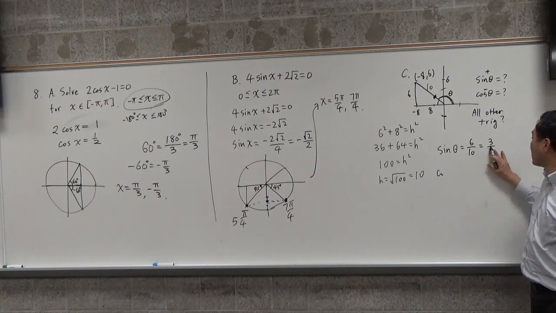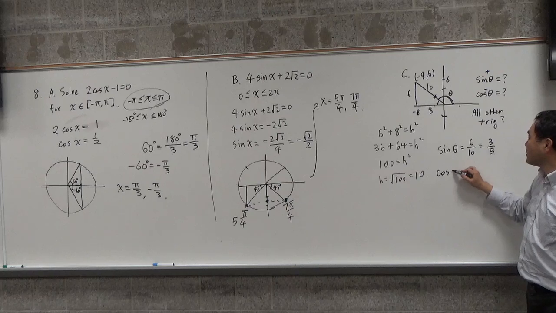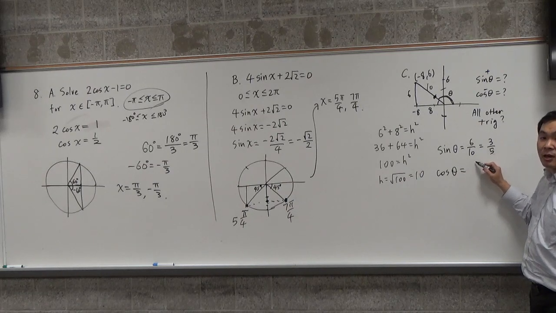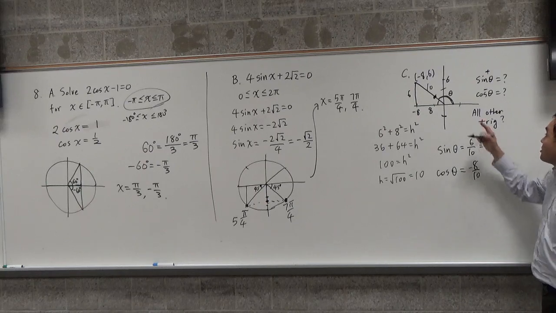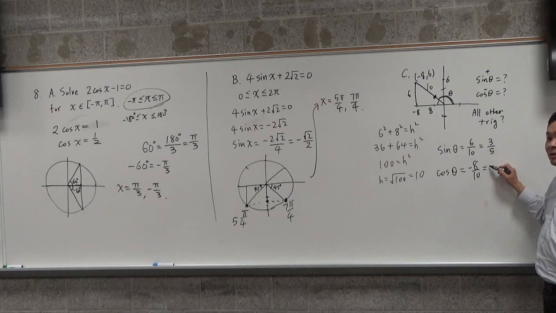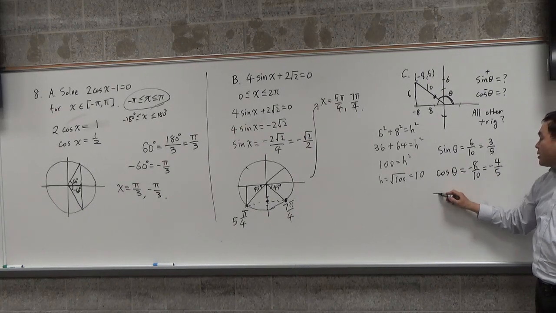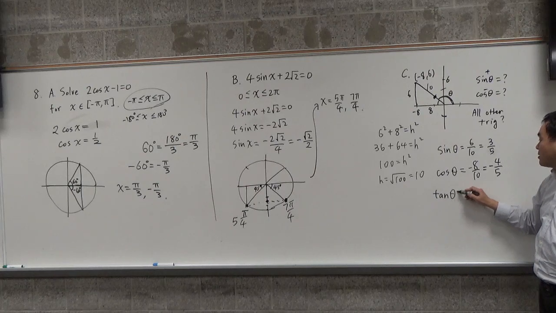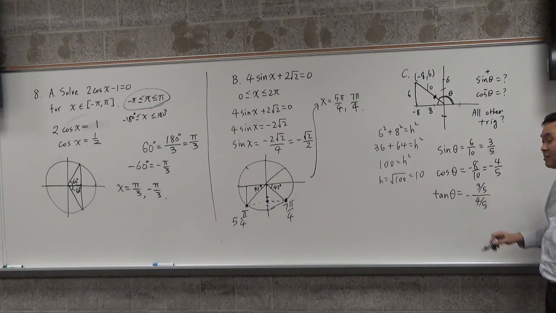Now sine theta is opposite over hypotenuse, which is 6 over 10, which is 3 over 5. Cosine theta is 8 over 10, but with a minus sign because it's in the second quadrant. Remember, cosine is negative there. If you reduce it, it's negative 4 over 5. Tangent theta is sine over cosine, so 3 over 5 over 4 over 5 with a minus sign.